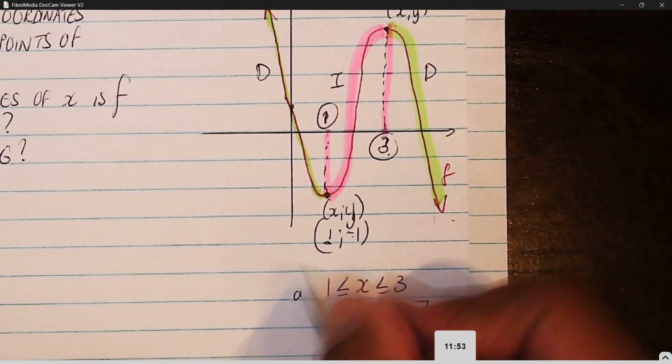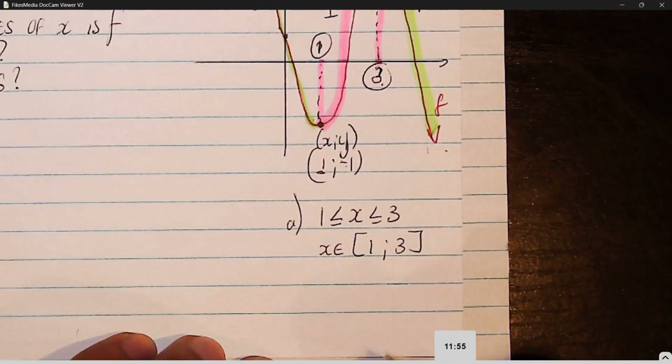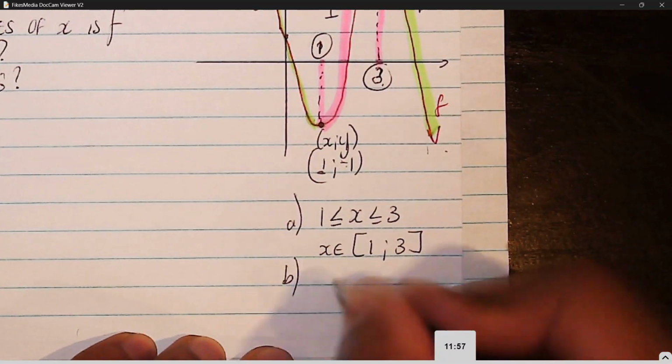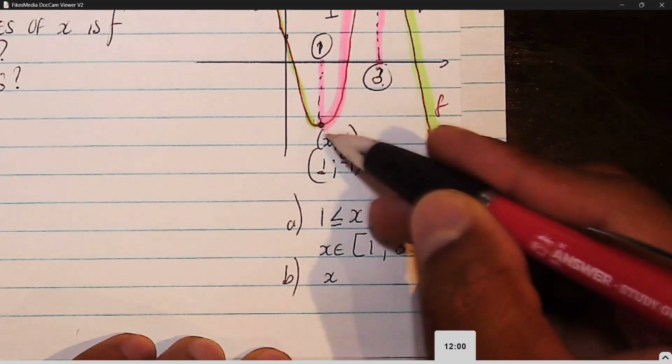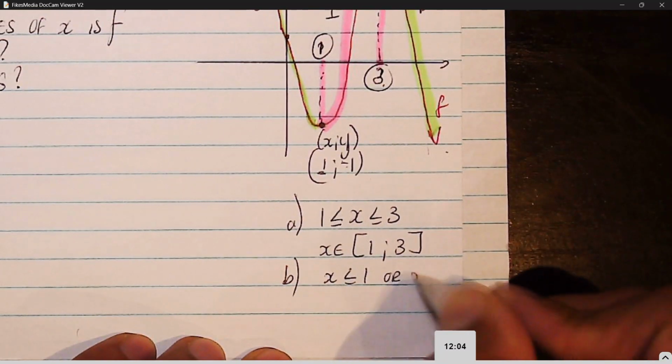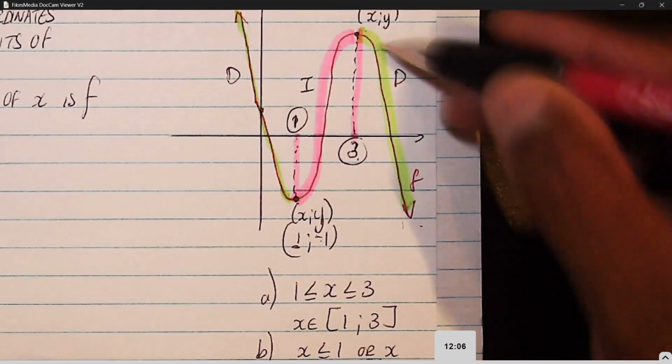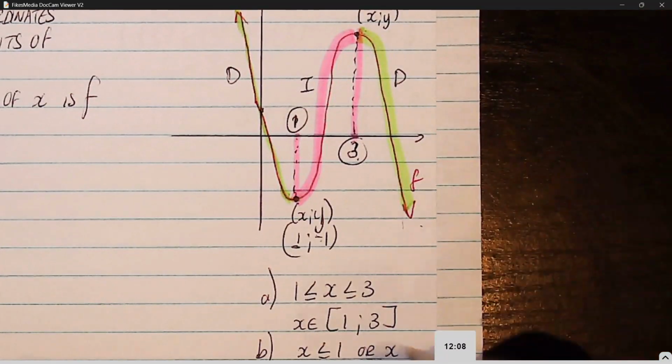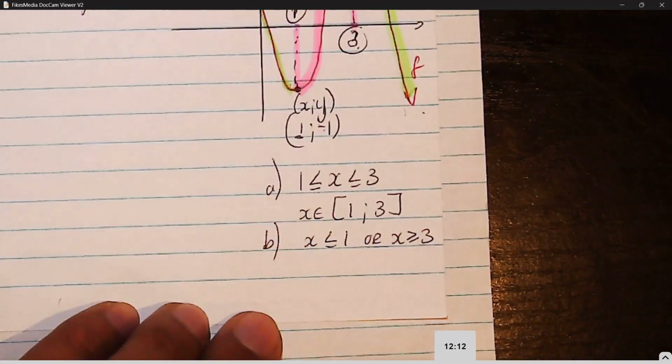So for B, what is happening? x is decreasing, so it's going to be less than 1, or x is decreasing and it's greater than 3.